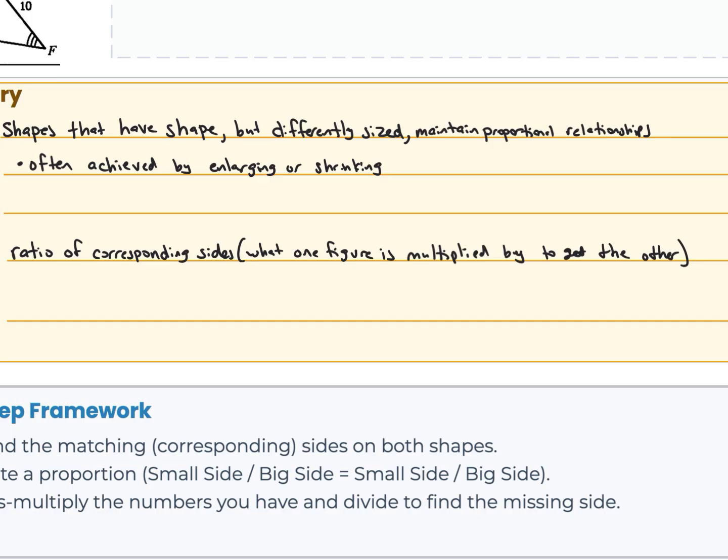So for example, is it doubled? Is it cut in half? Is it 2/3 as large? So that's the scale factor. So what we're applying to one of the shapes to get to the other.